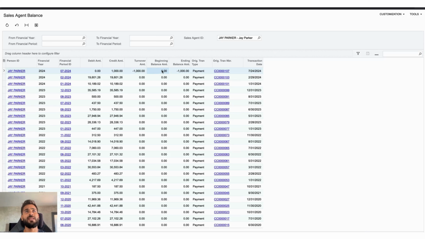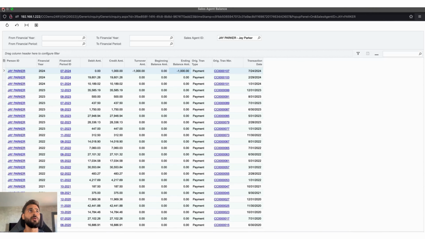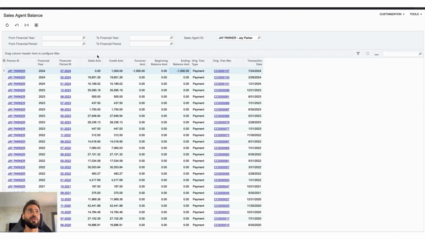And it was the beginning balance. He didn't have a beginning balance, okay? And now he has an ending balance amount over here. So in other words, Jay has a debt with the company of this amount of money, okay? So this is a table that is supported by the Commissions Conductor. Okay, this is a history record that is stored by the Commissions Conductor.